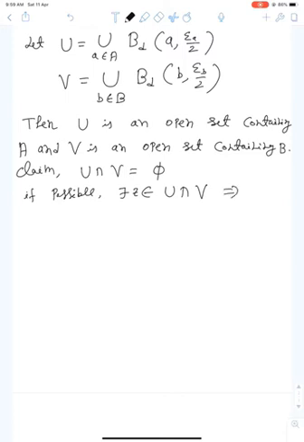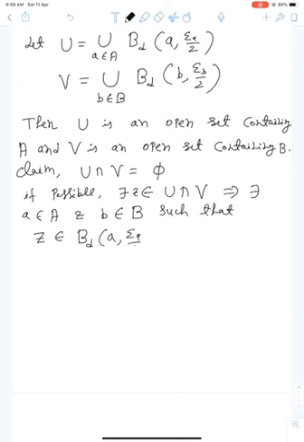Now that implies there exist a belongs to A and b belongs to B such that z belongs to the ball with radius epsilon_a by 2 and again z belongs to this ball.